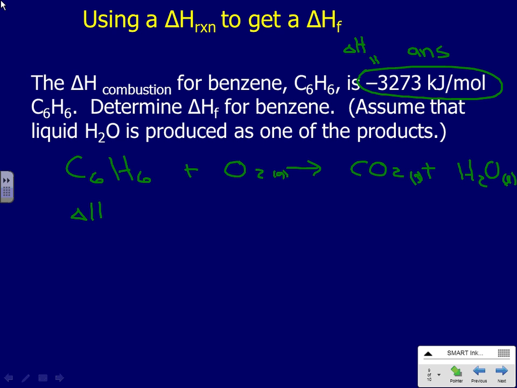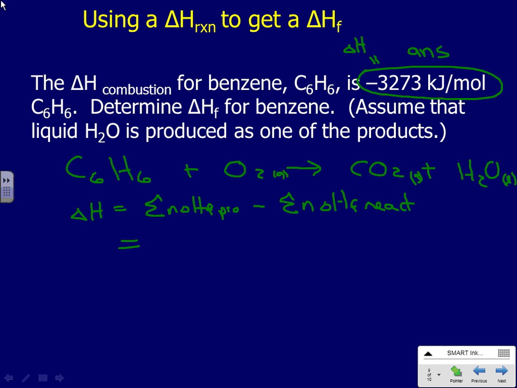So I'm going to just rewrite the equation again, delta H, and I'll explain why in a moment. Sum n delta HF of the products minus the sum n delta HF of the reactants. I'm going to my table just like I normally would, but the only difference now is this is the heat of combustion.